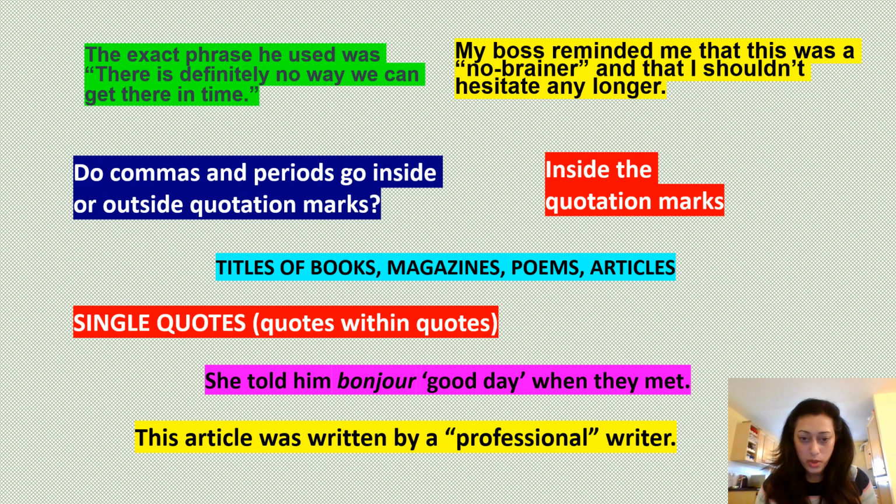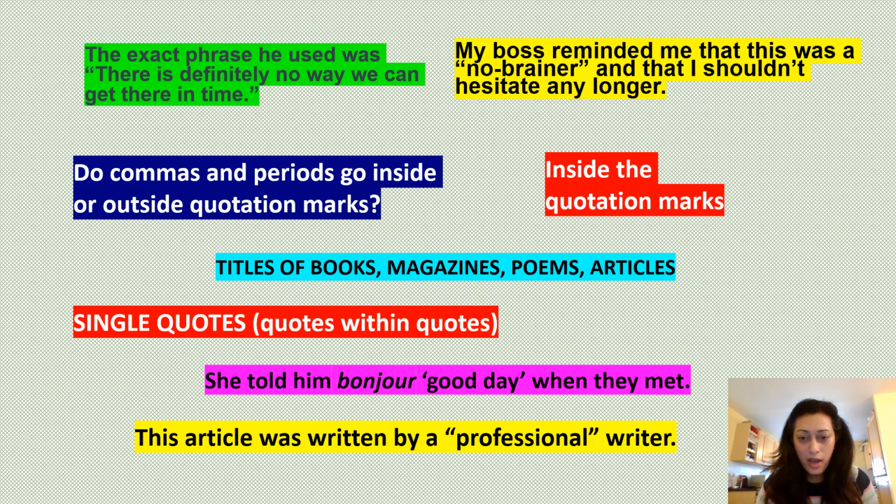Now, single quotes also mean quotes within quotes. We've already mentioned that single quotation marks can be used for quotes within quotes, but that's not all they can do. They can also be used instead of parentheses for translations, but in that case, they don't have to be separated by commas. For instance, she told him 'bonjour', 'good day', when they met.